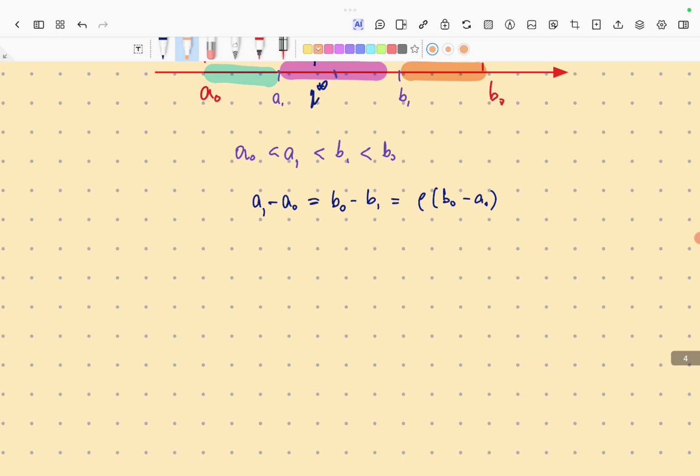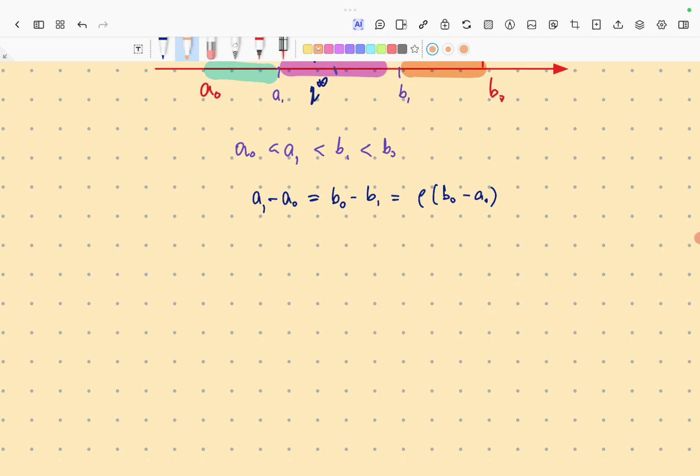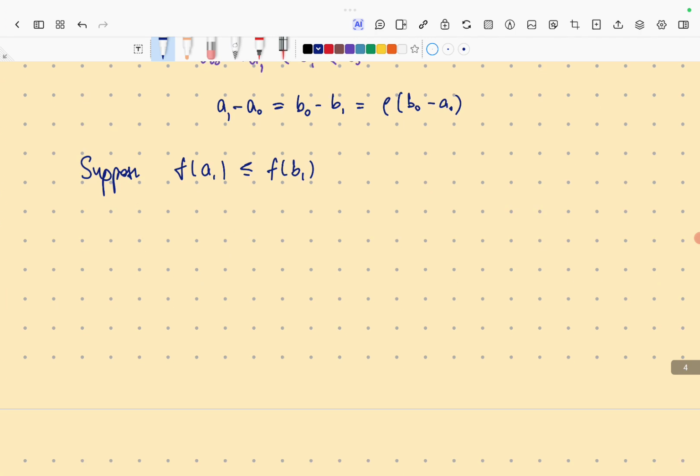All right? So let's look at possible conditions to understand why this is enough or what can happen. So suppose that f of a1 is less than or equal to f of b1. So this is what it looks like.